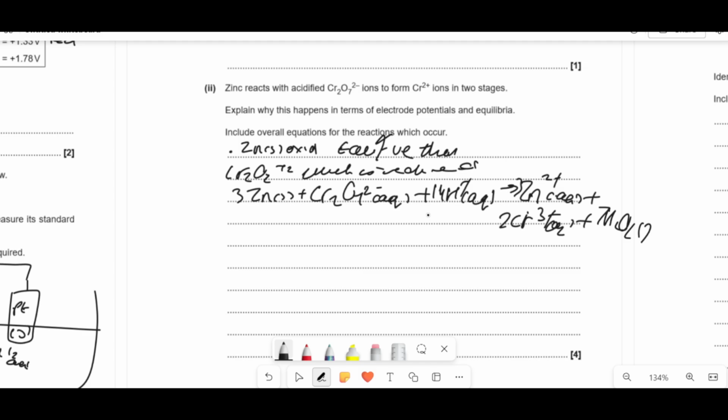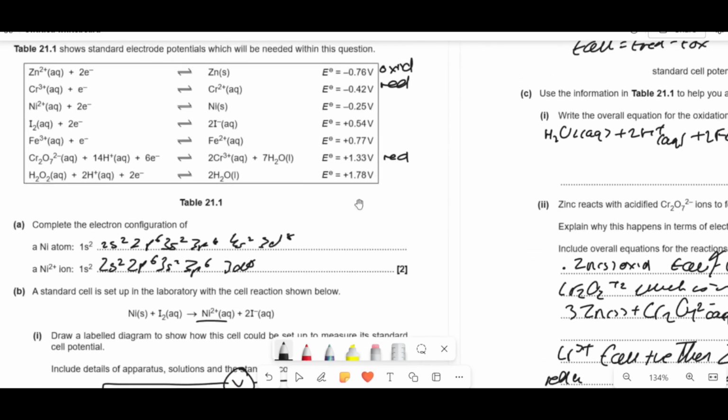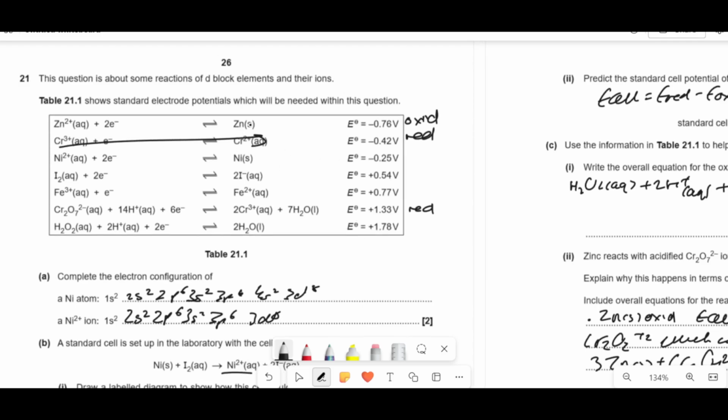But then the Cr3+ has an E cell that's more positive than Zn solid. So this becomes reduced, and that becomes oxidized. So you're going this way, and then this way.